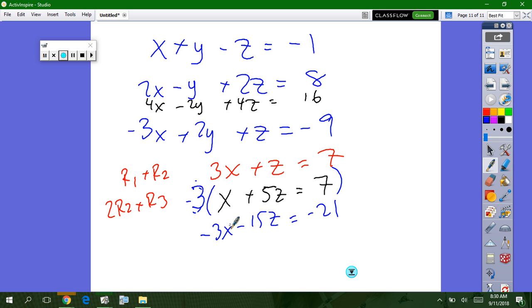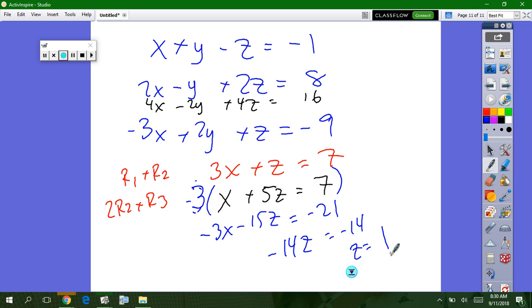When I add them, I get 0 x's minus 14z equals negative 14. So what does z equal? Equals 1, right? Z equals 1. Okay.